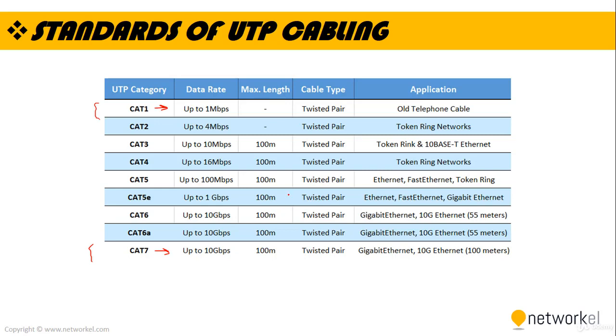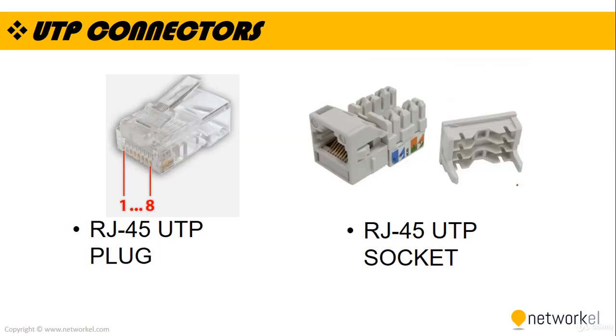The maximum lengths are almost the same, about 100 meters. As for applications, Cat1 is used in all telephone cables, Cat2 is used in token ring networks, and Cat6 is used in gigabit and 10 gigabit Ethernet networks.